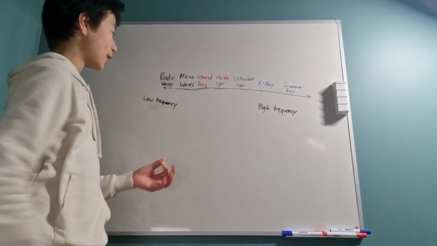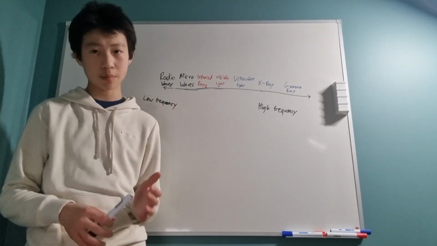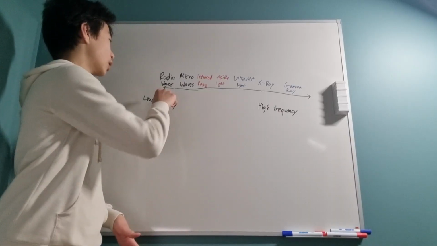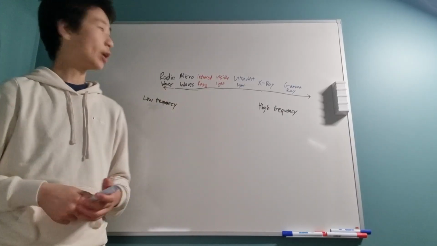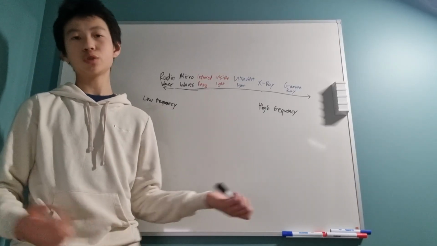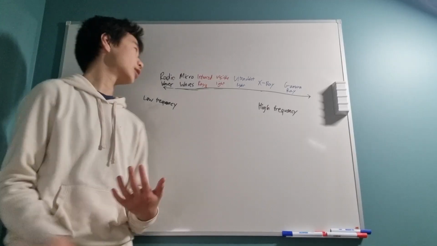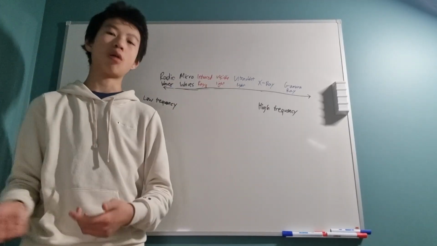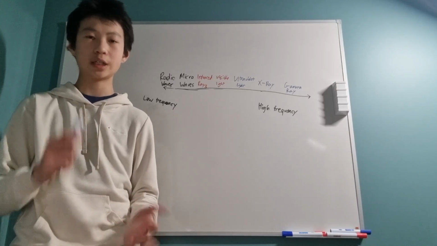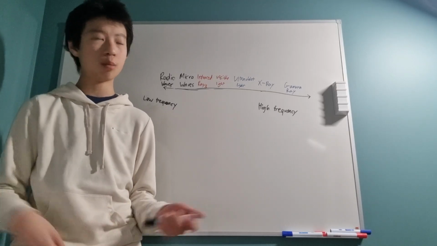So let's think of some uses for each one of them. Starting at the lower frequencies, radio waves can be used for radio signals. They can also be used for Wi-Fi signals. Moving on to microwaves, it's the obvious one: they use the radiation to warm up food.